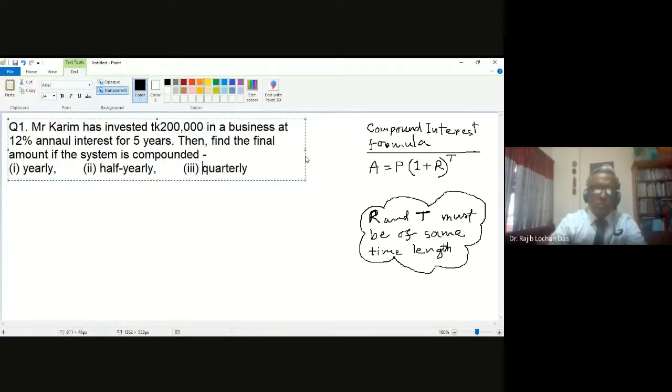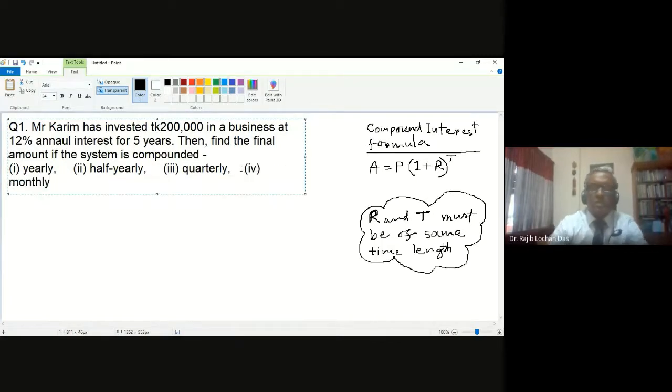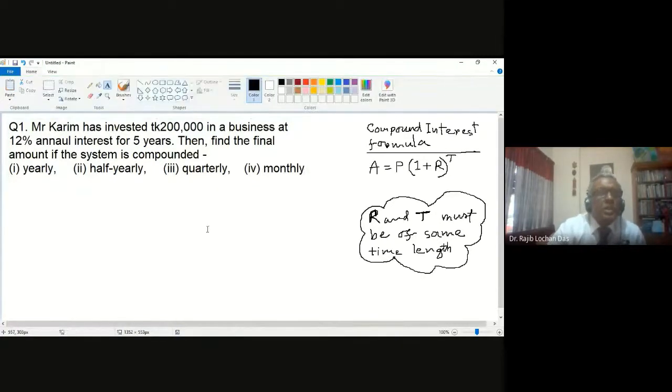So there are different options possible. So let me write monthly also. So another one is monthly. So this is the question. Now there will be 4 different system and 4 different answer.